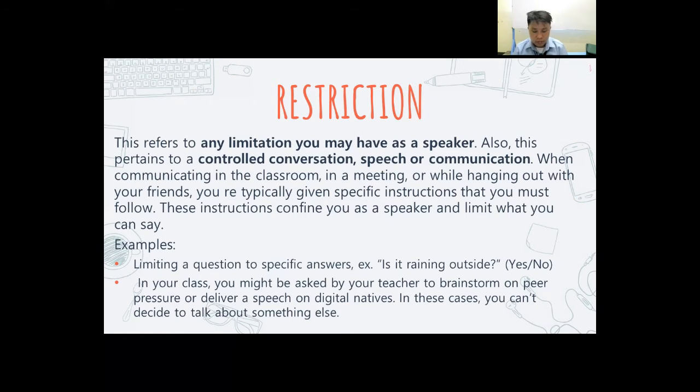So if you are given just one topic to talk about, you cannot use other topics as well, to avoid confusion for your listeners. Okay, so this is also a strategy that you might use and might see helpful for you to communicate effectively.